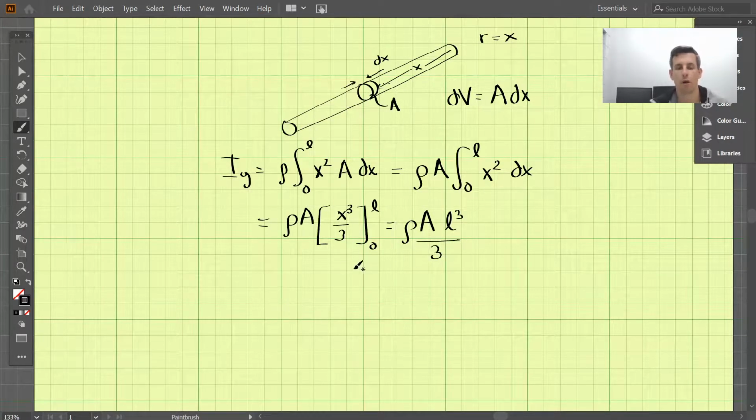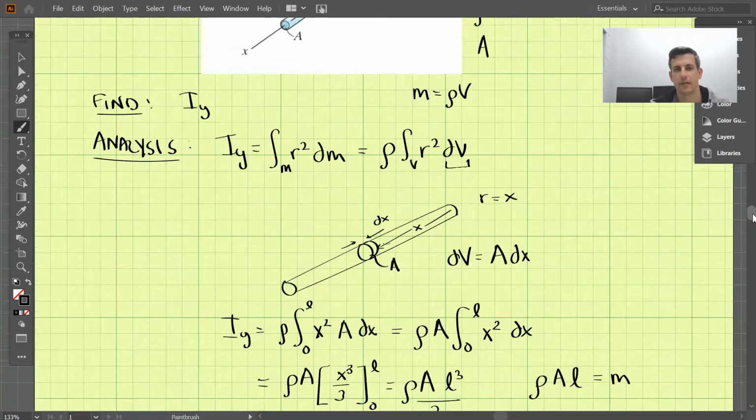Now this problem wants Iy in terms of mass. So we must notice that rho times A times L is actually the total mass of the object.